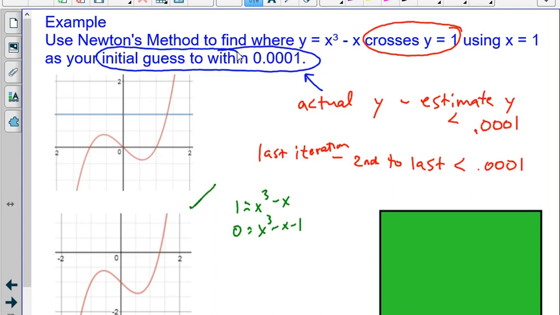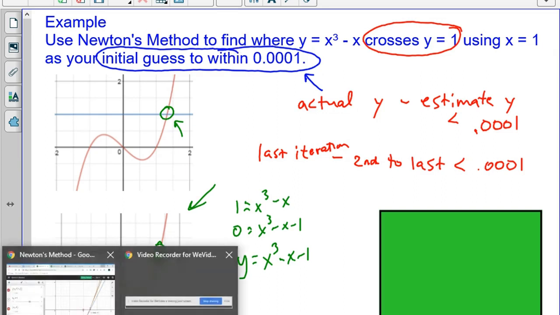Really, that means your graph is going to look like the graph of y equals x cubed minus x minus 1. You're technically getting a new function. So this 1, quote unquote, that we're trying to find becomes a 0 if you do the vertical shift. I want you to try Newton's method for this, and then we will talk about it.